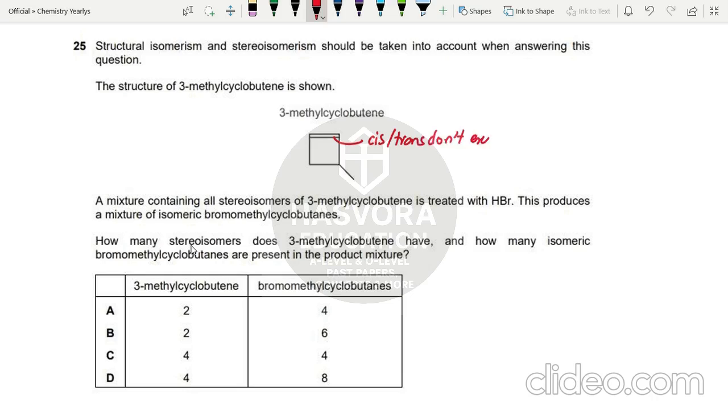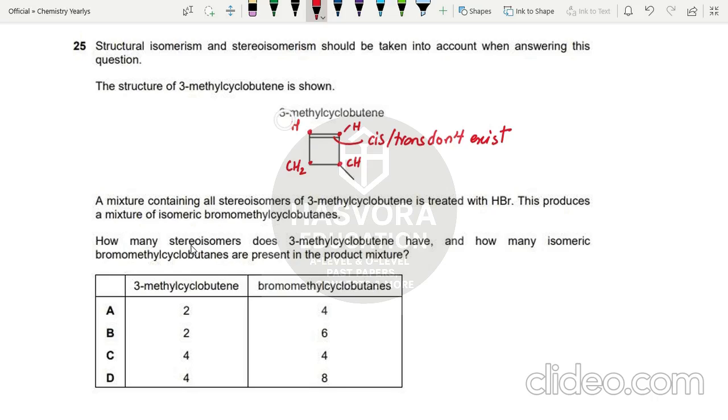Why? Because here the hydrogen is here, and here we have the CH, and on the other side we also have the H, and here we have the CH2. So in the cyclic structure, cis trans don't exist.